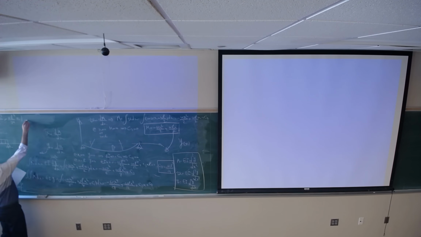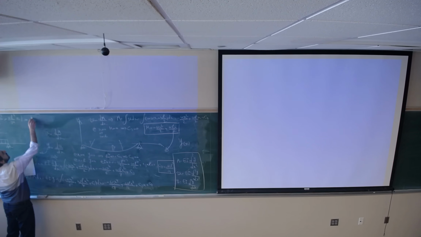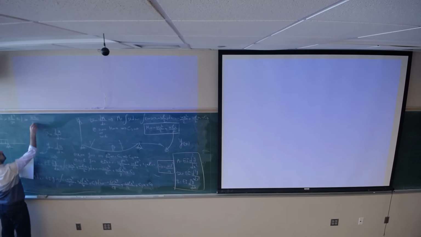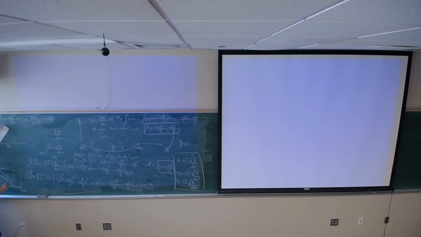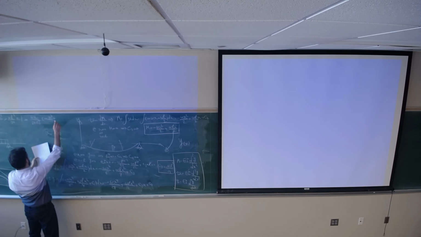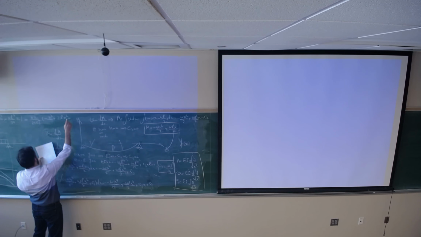Each term has w, so I can take that out. Each term I can take an x, and I can take out this 24. So I will get wx divided by 24EI multiplied by what is left here: negative x^3 plus 2Lx^2 minus L^3.